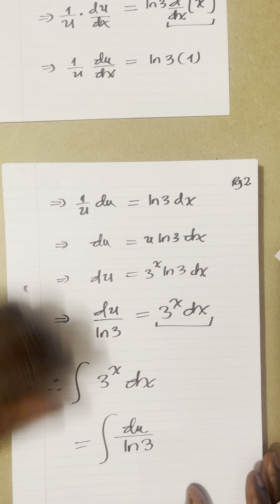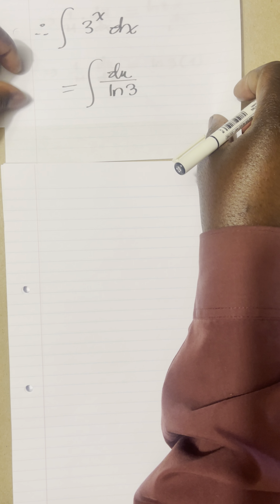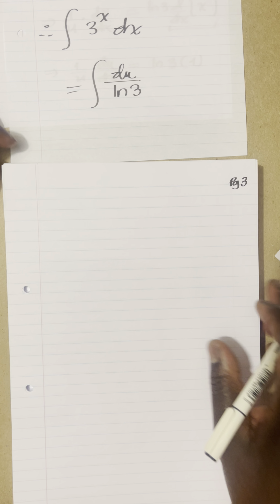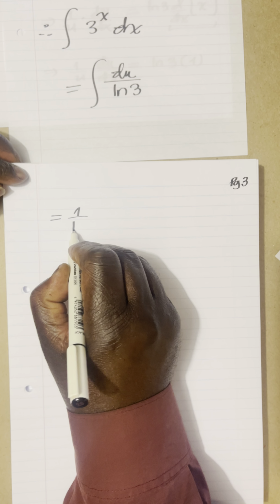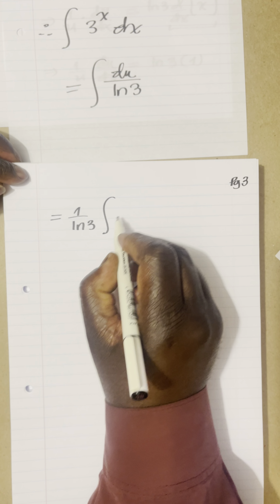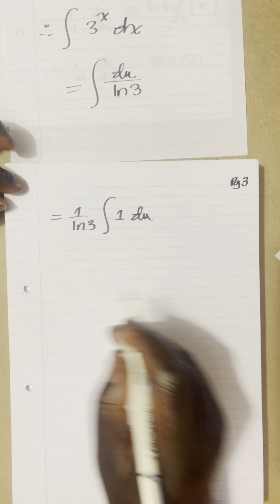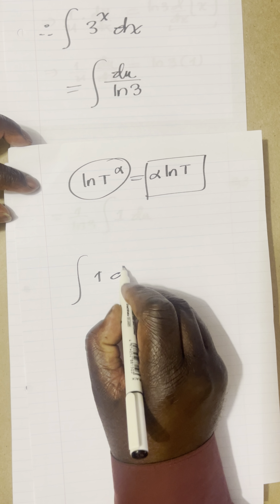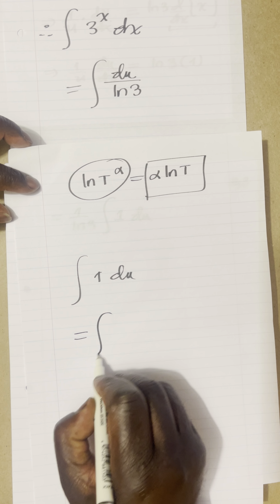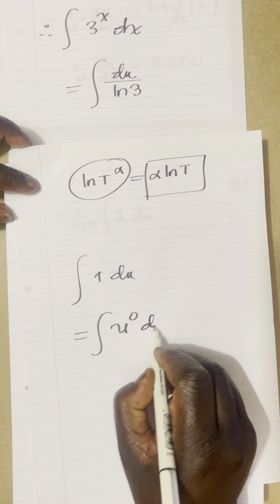Now, taking us to the third page, and to just finish this off, what we have now is the following. What we have now is that is the same as 1 over natural log of 3. Remember, that is a constant times the integral of 1 du. And you should remember that the integral of 1 du is the same as the integral of u power 0, assuming u is not equal to 0, du.